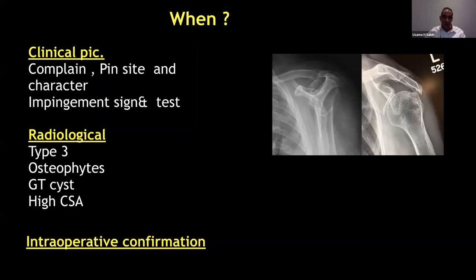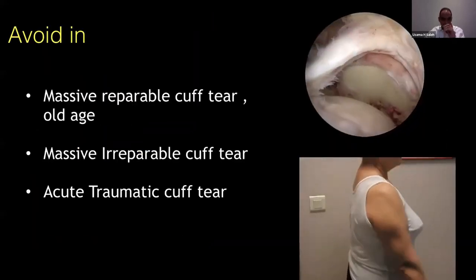He has a positive impingement sign and positive impingement test. And then I confirm this with the radiological findings, if he has a type 3 acromion, osteophyte, greater tuberosity cyst, or high critical shoulder angle, which we will come to later on. And then finally, if I go inside and confirm all of this intraoperatively, I go ahead and do acromioplasty. Otherwise, there is no indication for me.